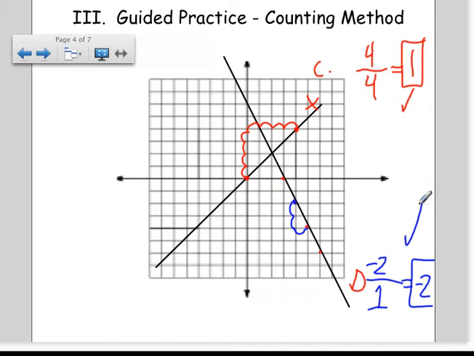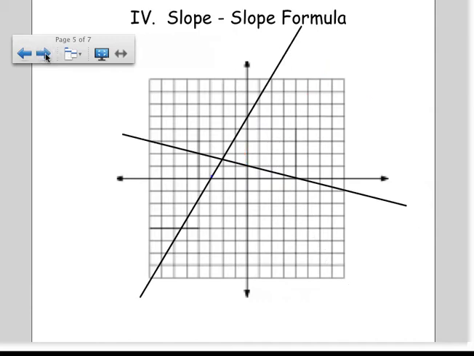Now we're going to look at the second method for how you find the slope, which is using the slope formula. Before, I told you that slope is rise over run, which is true. But what that means is rise is how much it goes up or down. The way that we can figure out how much it goes up or down is we subtract the y values for the different points.